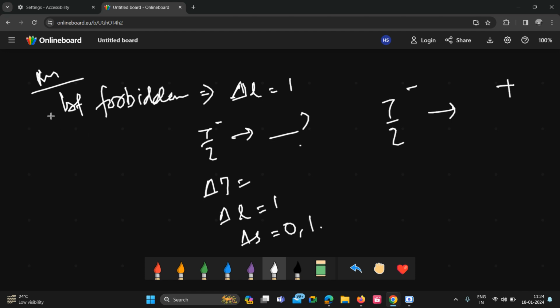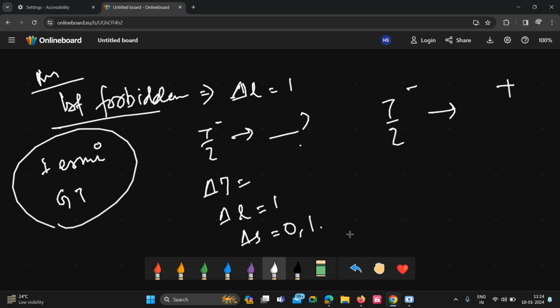And here also, first forbidden. It's not given whether it is forbidden by Fermi or GT, so you can take both. Del S 0 for Fermi, del S 1 for GT. So let's do it. For example, this is 0, this is 1. How much will be del J? Del J is del L plus del S, right?